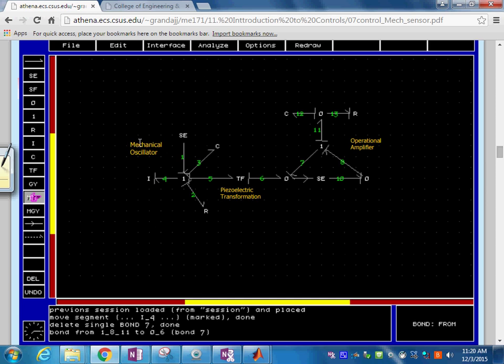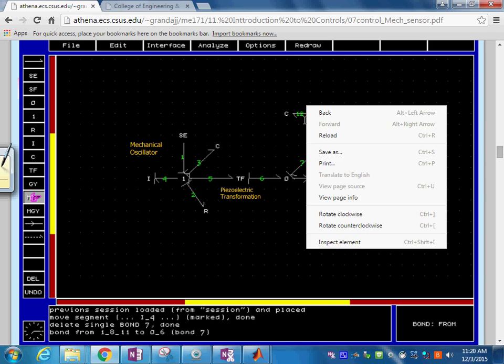You have in here the mechanical side, the piezoelectric transformation, and the electrical side. So in practical terms, we need the voltage like E12 in here compared to this one here, E1. We need this E1 over here compared to the voltage of E12 over here.